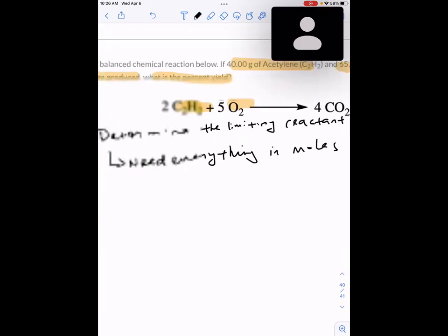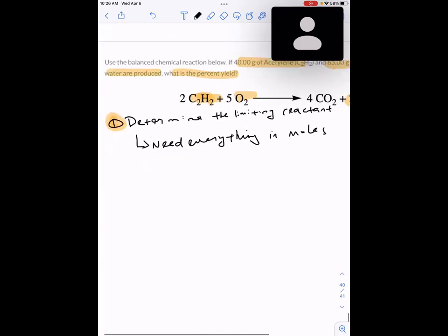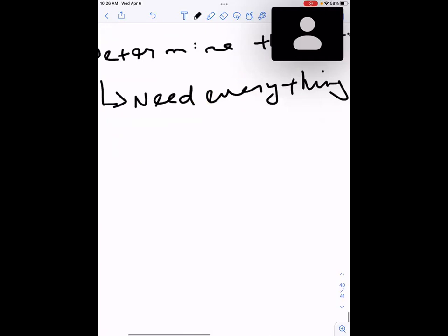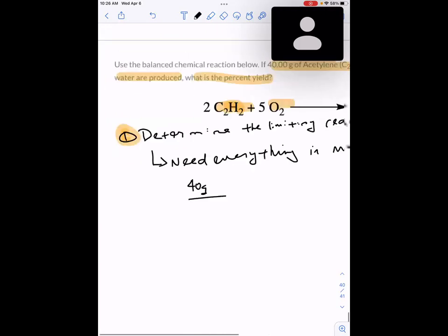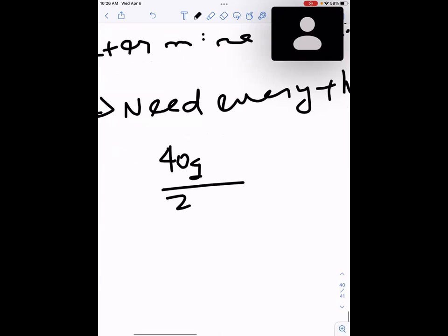All right, so let's do that. Let's take 40 grams of acetylene and convert that into moles. So that's going to be 40 grams divided by C2H2, that's 24, and 2, that is 26 grams per mole for acetylene.